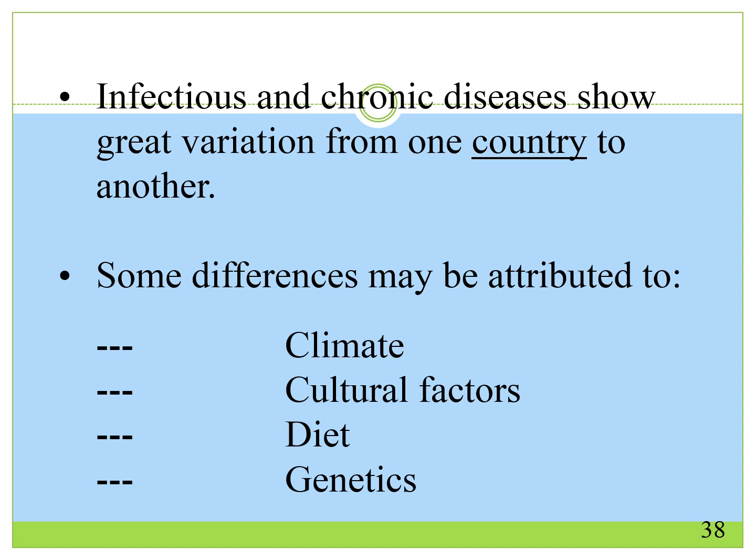So infectious and chronic diseases show great variation from one country to another. Some differences may be attributed to climate, cultural factors, diet, and also genetics.